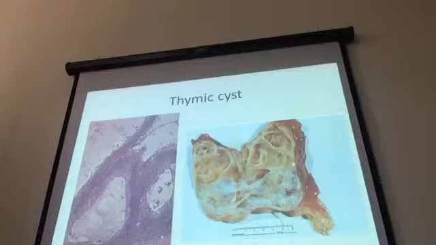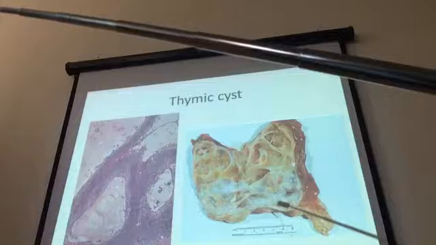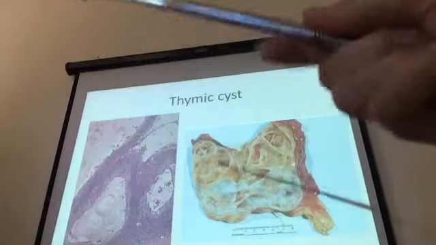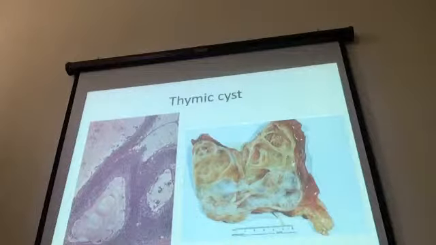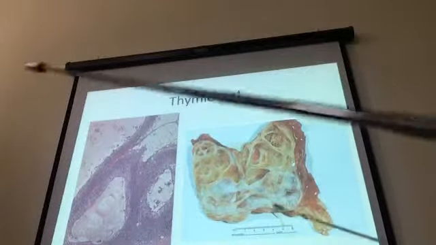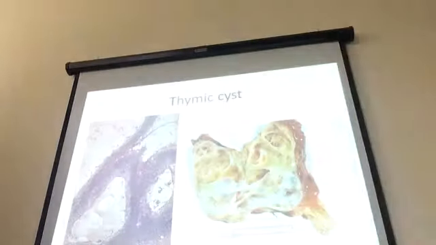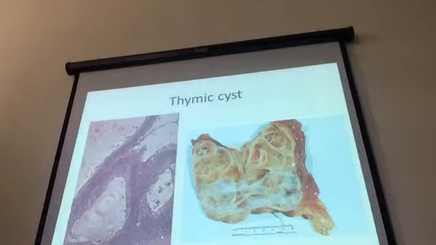Thymic neoplasms can include things that look like neoplasms, like this thymic cyst, which has peripheral thymic tissue and then cystic spaces, multiple cystic spaces. Many of these will have a recognizable epithelial lining, probably the corpuscles dilated in these situations.